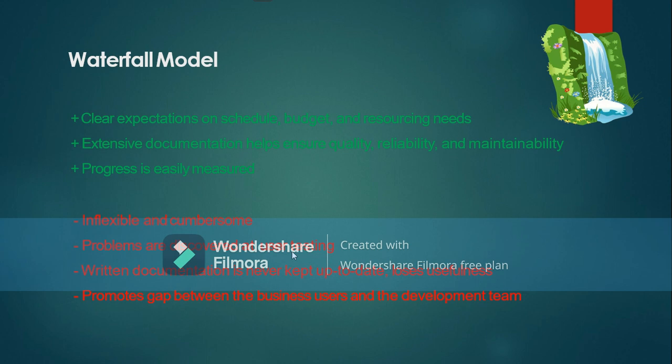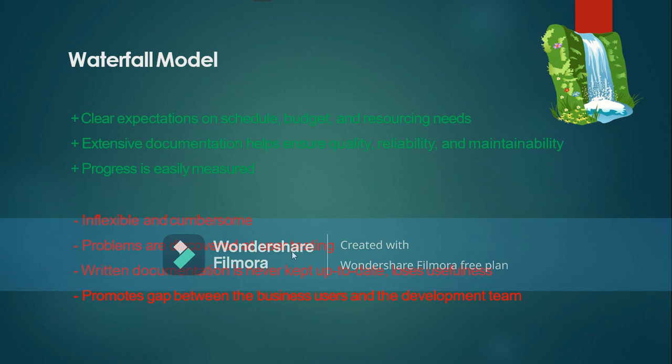If you have $100 million as a budget, it will not change. And if the timeline is 2 years, it will remain 2 years. You cannot change the timelines. Extensive documentation, as we have already discussed, we need to track everything, and to ensure that quality is good and everything is in place, we need extensive documentation.